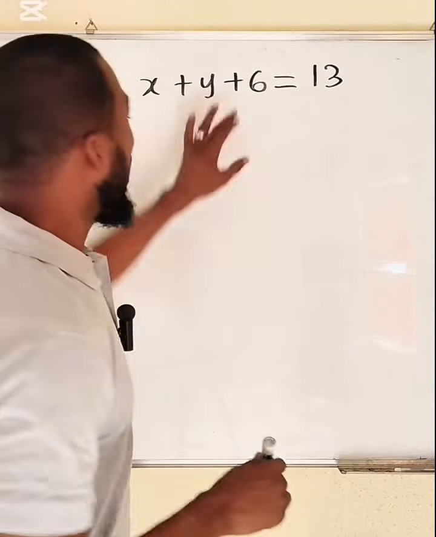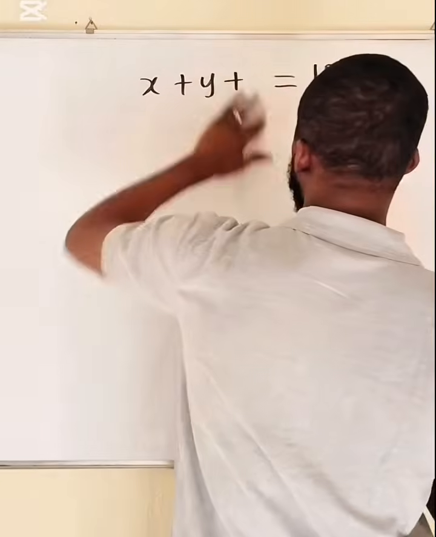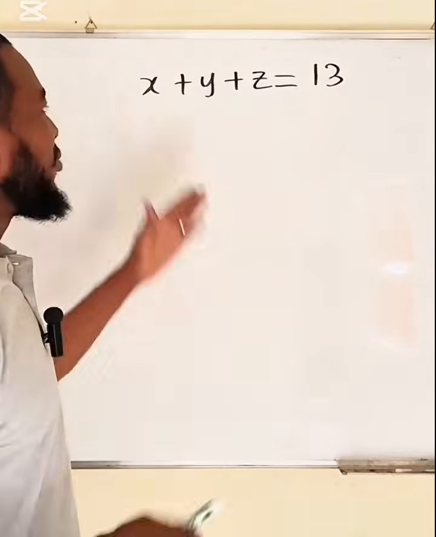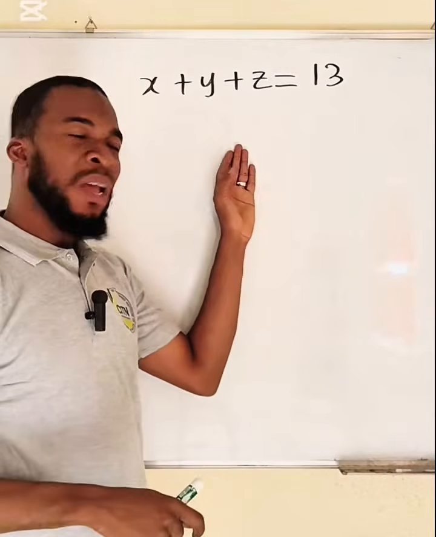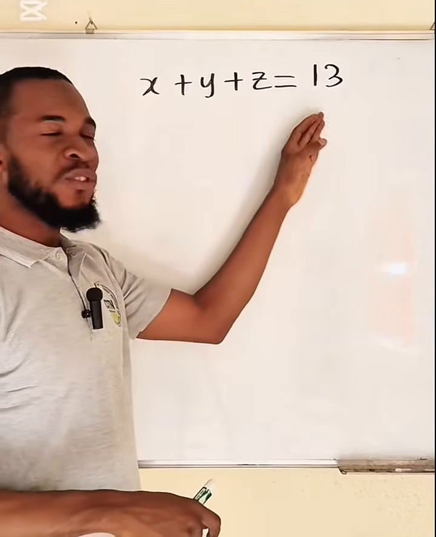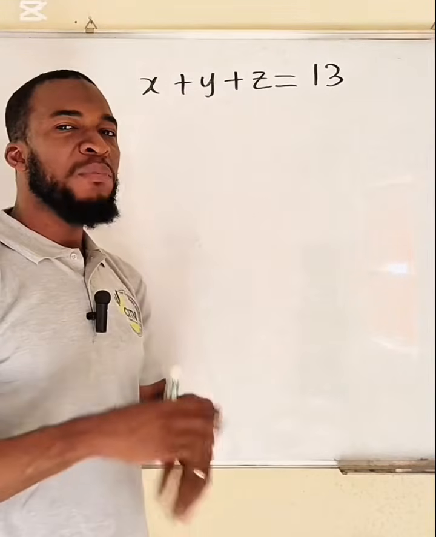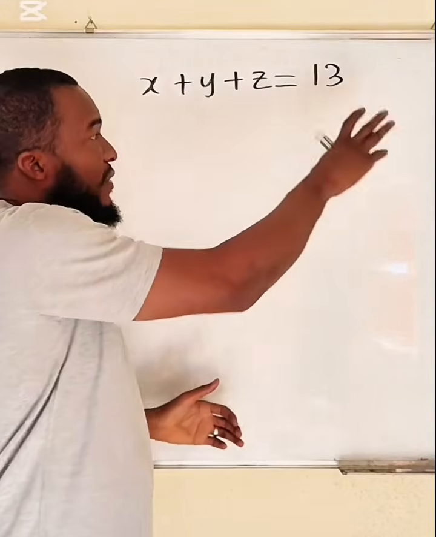Infinitely many. And there are instances where you have to remove this to replace it with z. You see that? So now this is another linear equation containing 3 unknown variables. The same thing we did earlier. This equation has infinitely many combinations that will satisfy this.